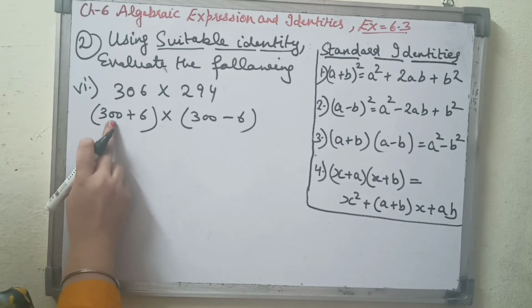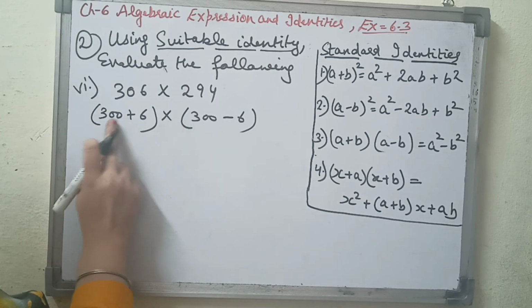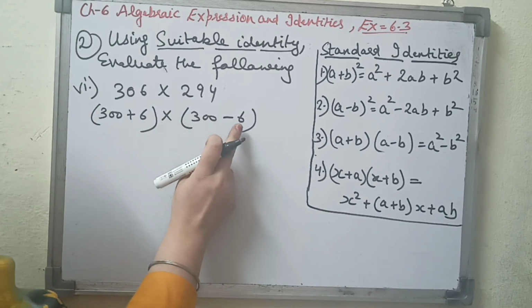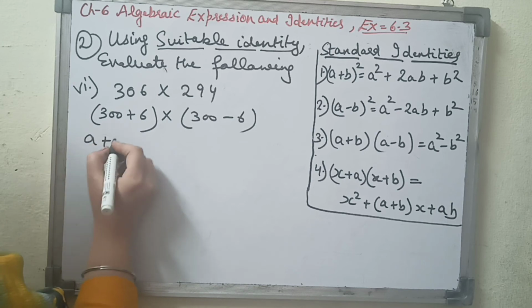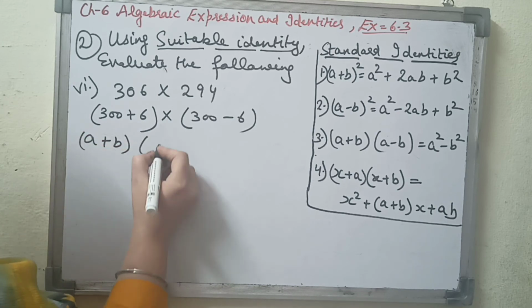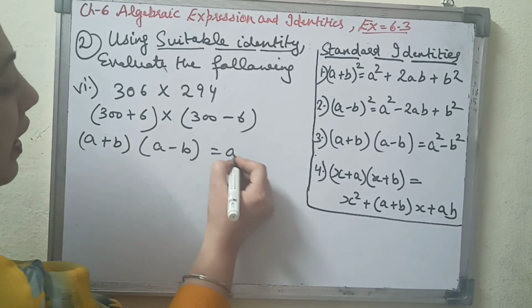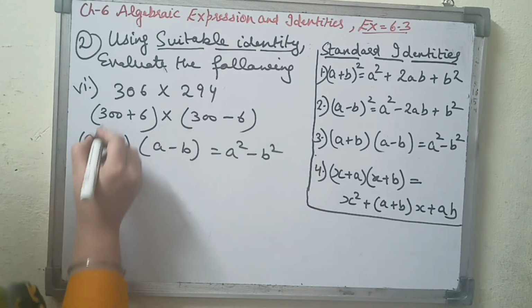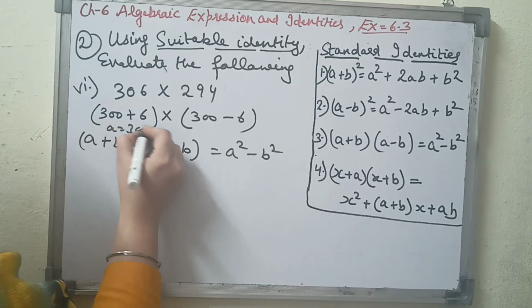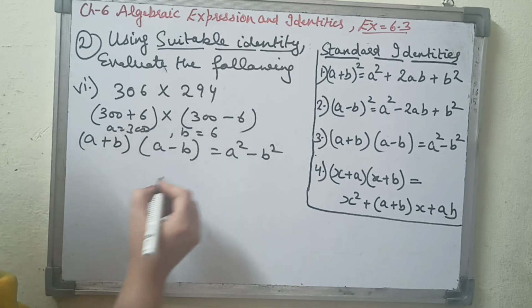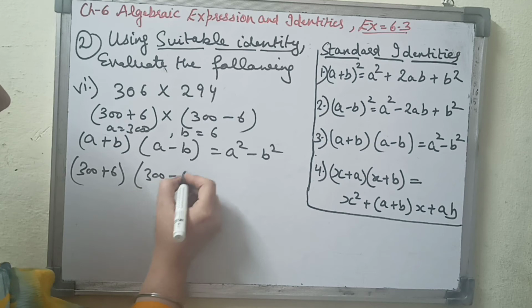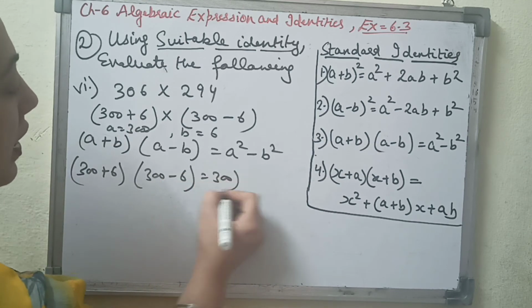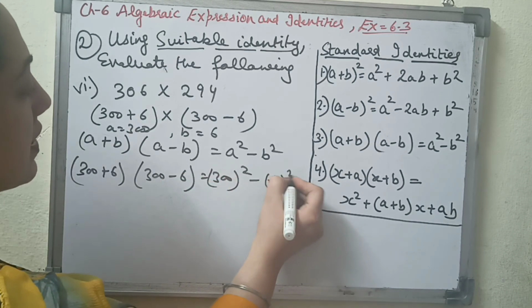Now see, in both brackets the first term is the same and the second term is the same, there is only a change of sign. So we will use the third identity, (a plus b)(a minus b) equals a square minus b square, where a is 300 and b is 6. Now write down 300 plus 6, 300 minus 6, it is 300 square minus 6 square.